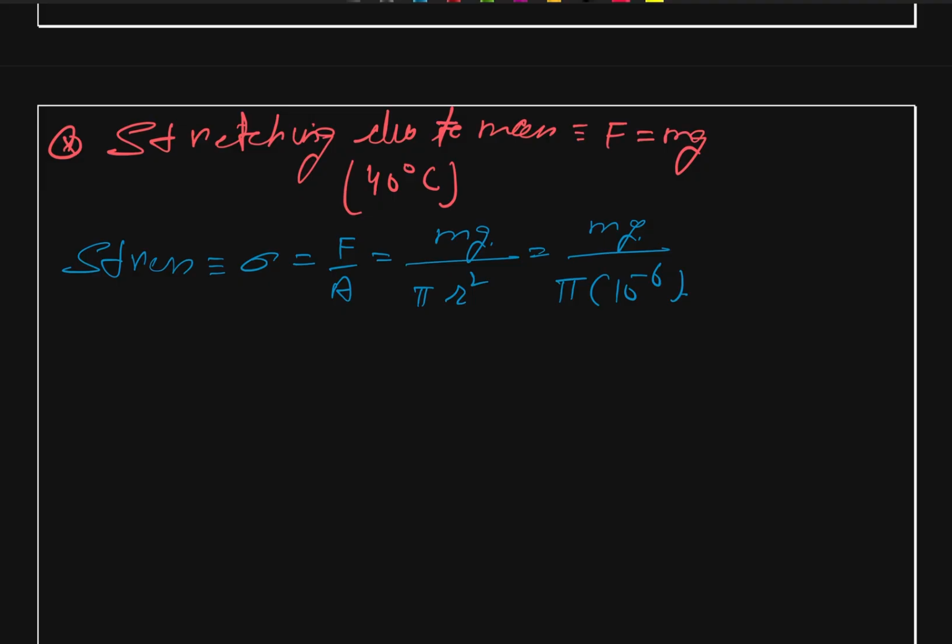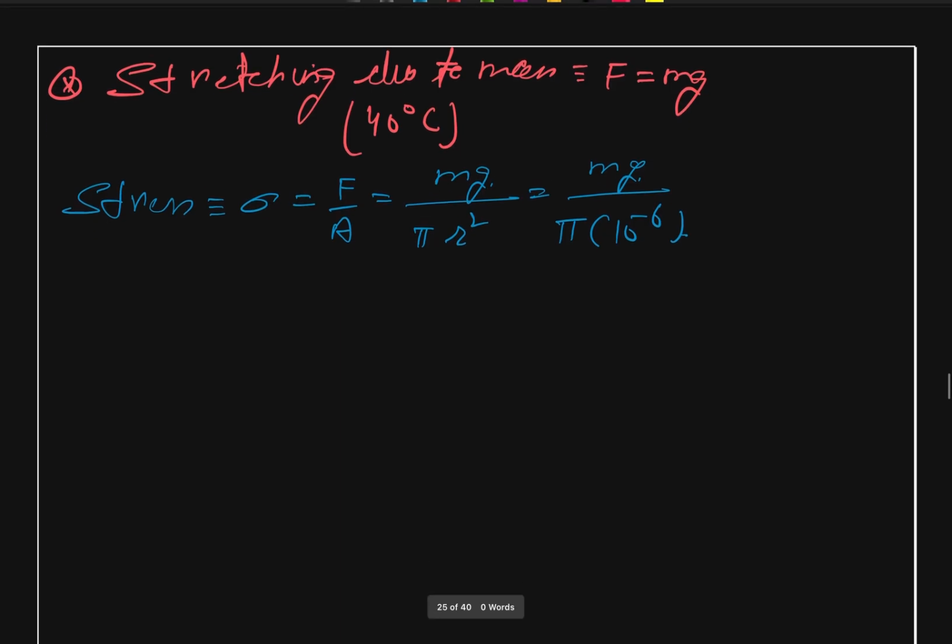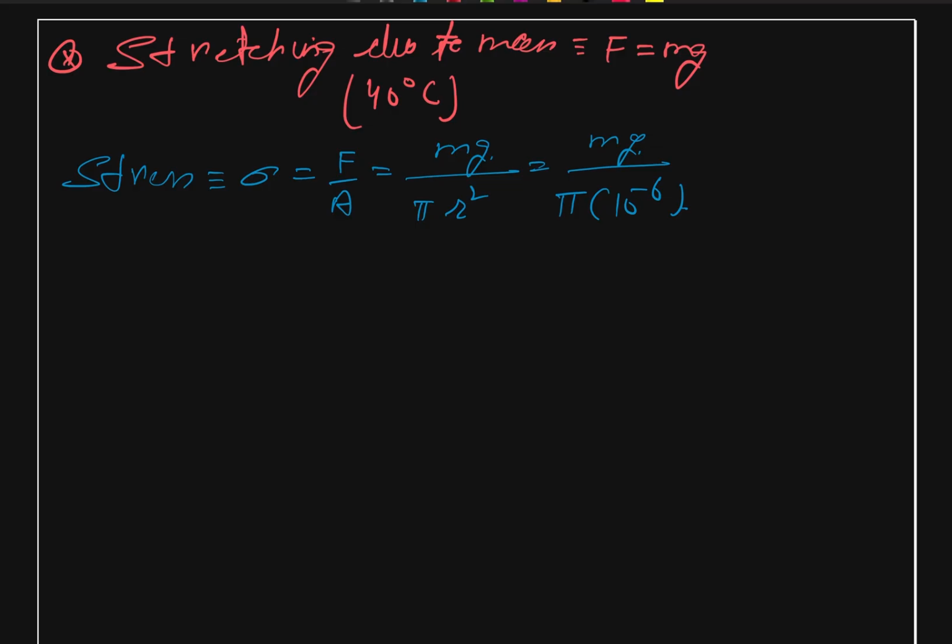Because we need to find our delta L, which we are going to use for comparison, we are going to use Young's modulus. So we know Young's modulus Y is equal to stress over strain.